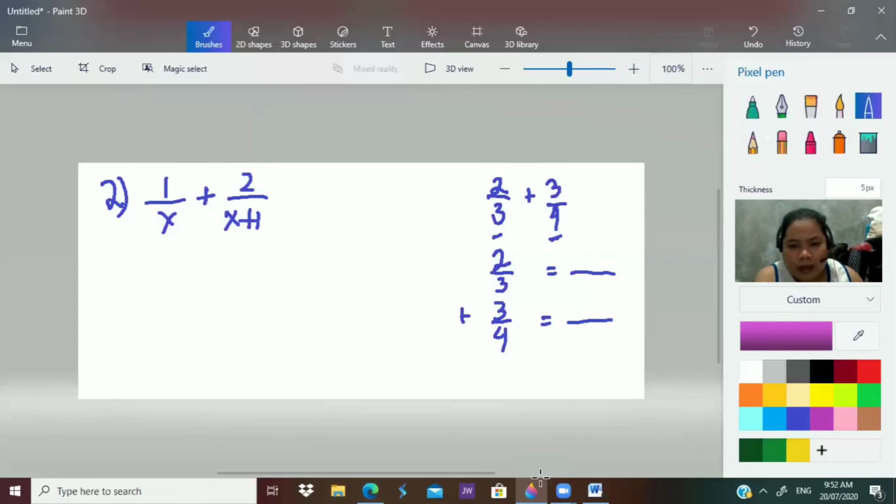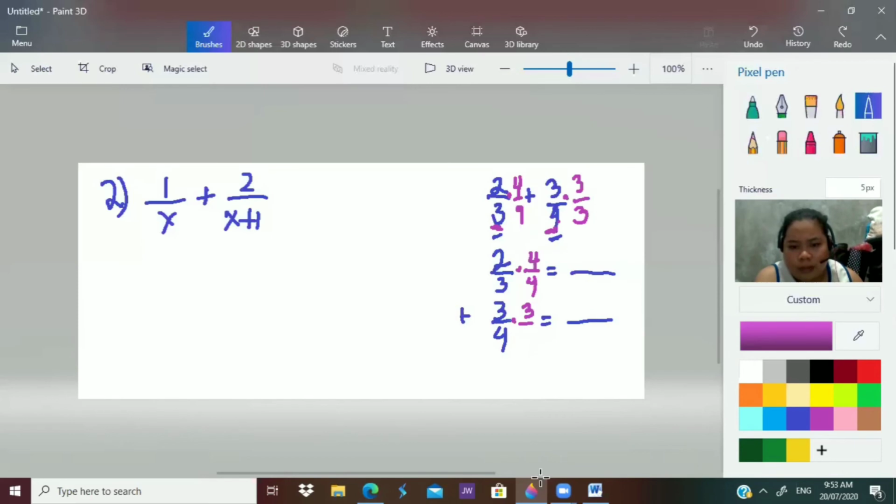Halimbawa, si 3, ang kapartner niya dito, si 4. So si 3, ang kanyang multiplier, si 4. Si 4 naman, ang multiplier niya, si 3. So parang magko-cross multiply lang sila ng denominators. So ito magiging 4 over 4, ito magiging 3 over 3. Ay, 3 over 4 tuloy, sorry.